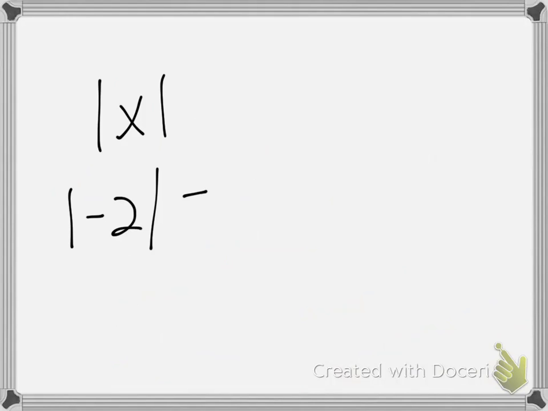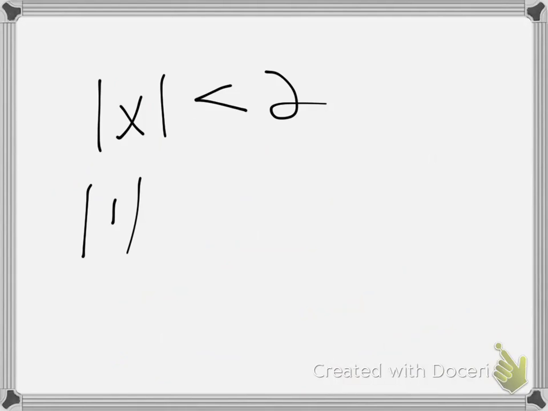So if we have absolute value of x is less than 2, what that's telling me is that x, when I take the absolute value, has to be less than 2. If I plug in a 1, the absolute value of 1 is 1, which is less than 2.